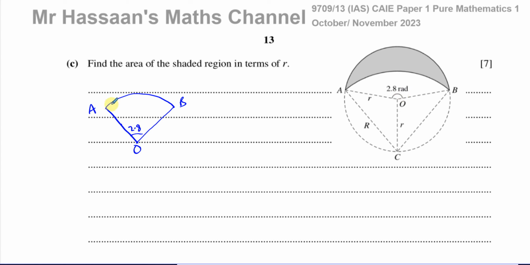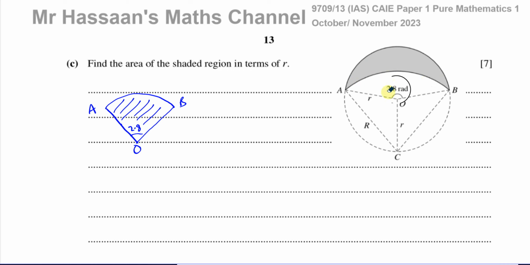So if I find the area of this part here, that'll be the area of all of this, basically. Then I need to take away this area from that. I need to find what this area is over here.